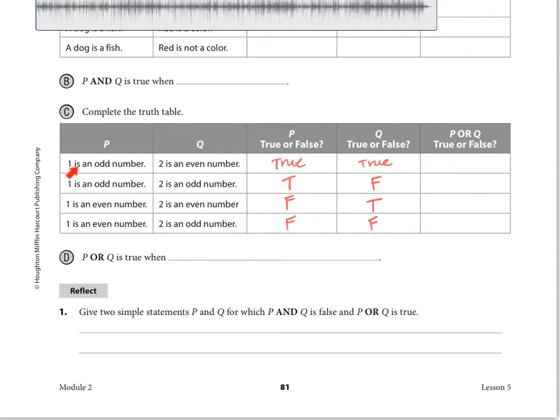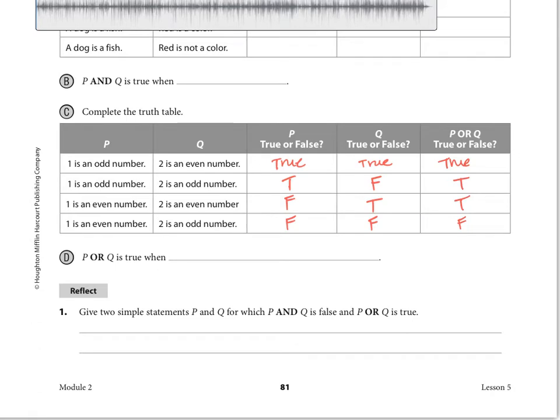So the first one is 1 is an odd number or 2 is an even number. So is it true that 1 is an odd number or 2 is an even number? And yes, that is true. And I'll let you think about the rest of them, but I'll tell you that the second one's true, the third one is true, and the last one is false.